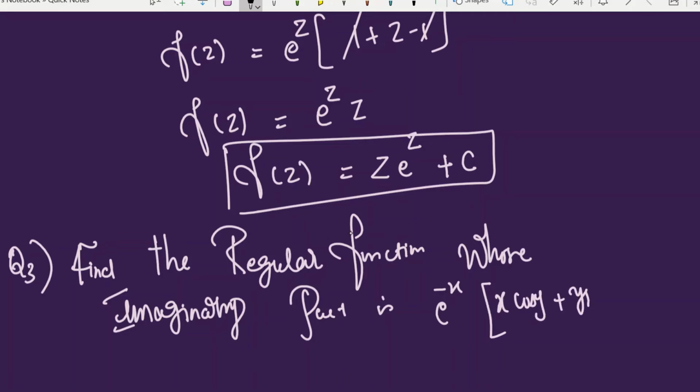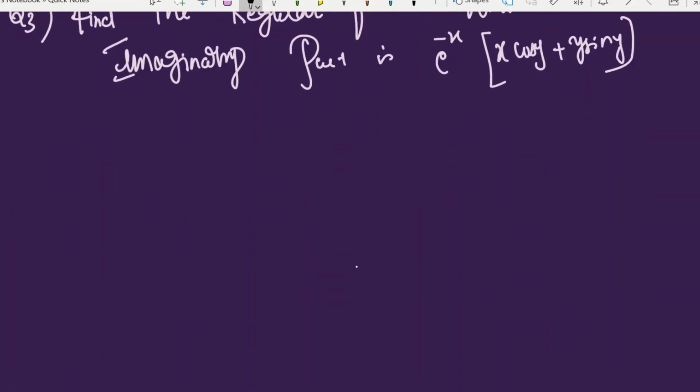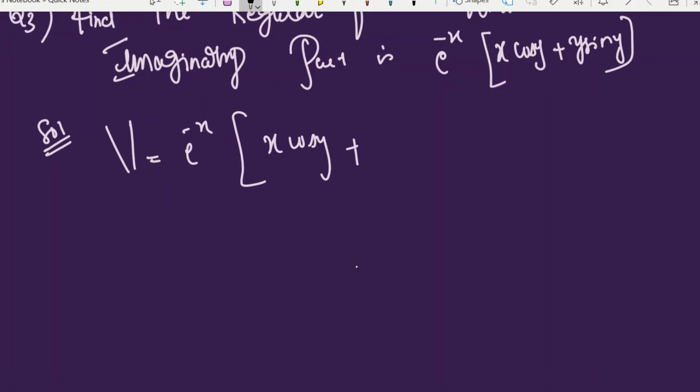So here v is given: v equals e power minus x (x cos y plus y sin y).